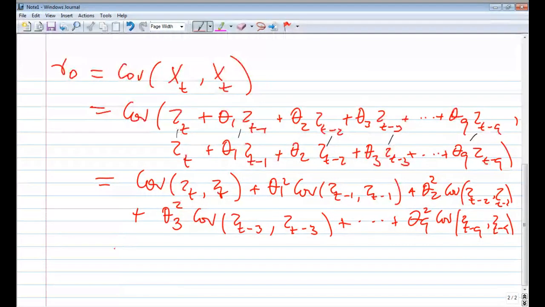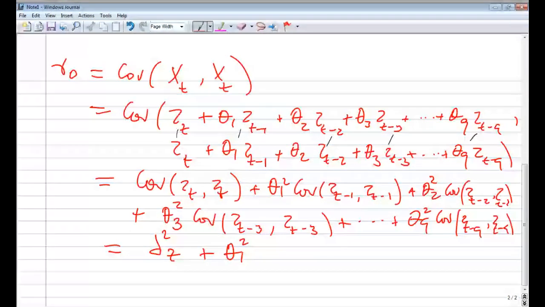Then the fourth one. So the curve of zt is like the variance of zt, and the variance of zt is sigma squared z. So that is why here now we're having sigma squared z. That's the first one. Second one is theta 1 squared. Curve of zt minus 1 is like the variance of zt minus 1, and the variance of zt minus 1 is sigma squared z. So we are going to have sigma squared z.